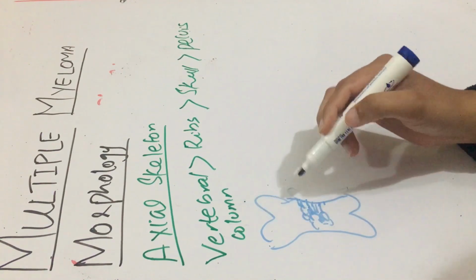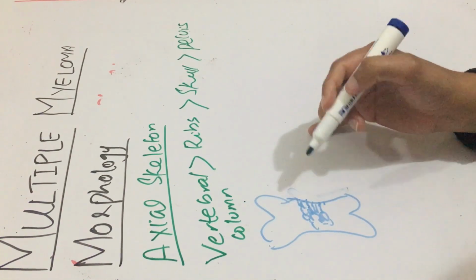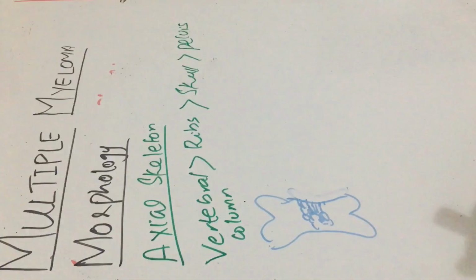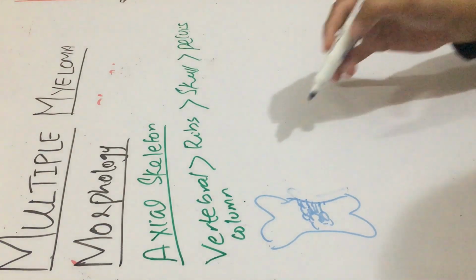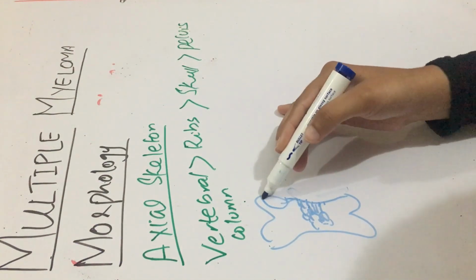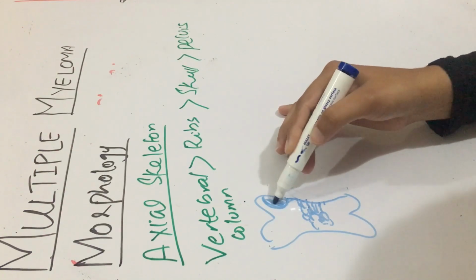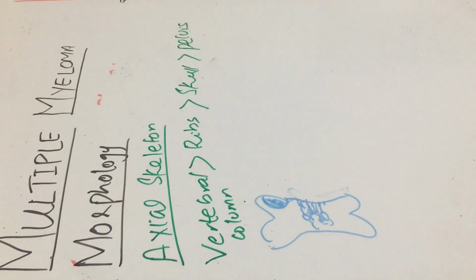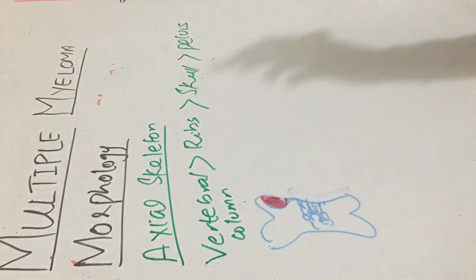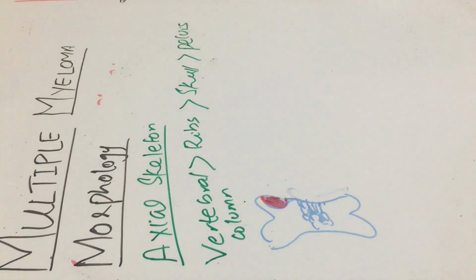So they weaken the bone, and as a result pathologic fractures are most common in patients of multiple myeloma. And radiographically, on X-rays or CT scan or MR, other radiographic modalities, you will see punched out defects, which are characteristic for multiple myeloma.